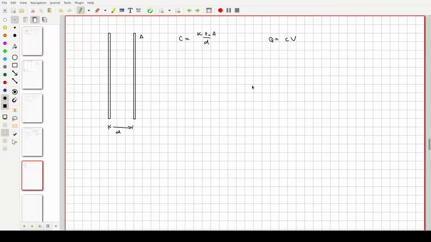Now, but we also know that V itself is related to energy. V is easier to deal with. But the relationship between V and, if you will, U, the potential energy, the stored energy, is this. Okay, that comes from like chapter 7, I believe. Chapter 7.